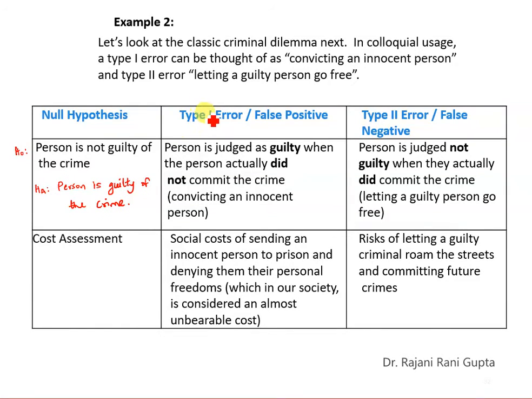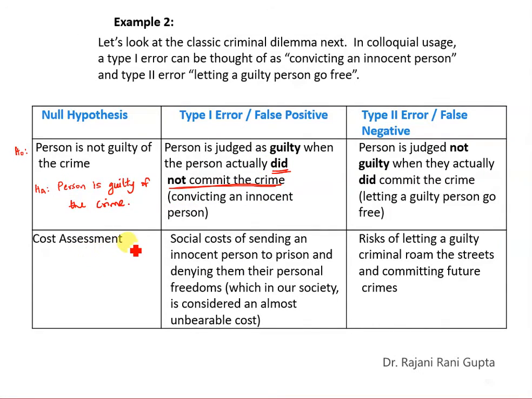A type 1 error means the person is judged guilty when the person actually did not commit the crime. The person got the punishment when actually he was innocent.